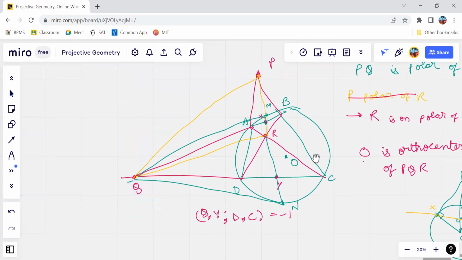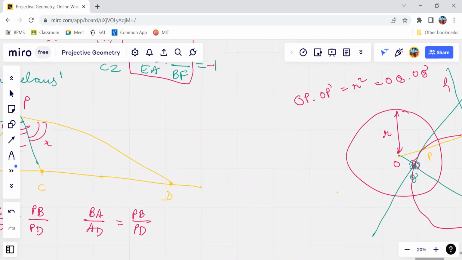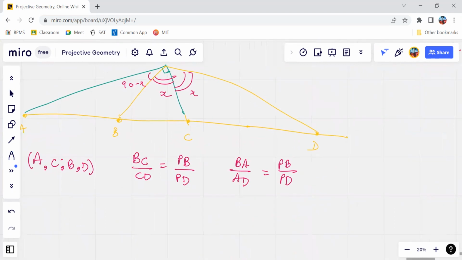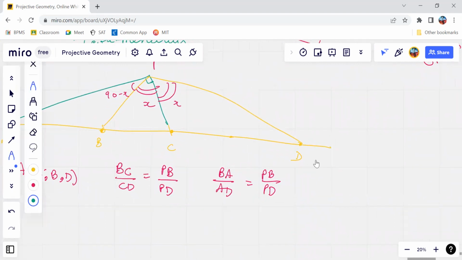So the way this is usually written is that there are three conditions. First one is the cross ratio ACBD is -1. Then we have angle APC is 90 degrees. And we have that angle BPC is equal to angle CPD.